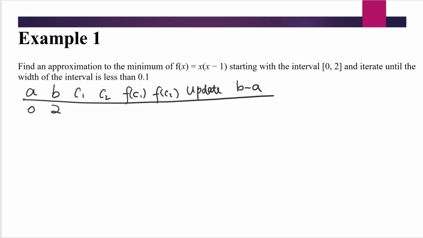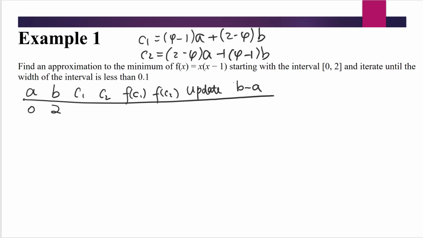Alright, so remember that the formula to calculate C1 is phi minus 1 times A plus 2 minus phi times B. And C2 is equal to 2 minus phi times A plus phi minus 1 times B. So we use these two formulas to find C1 and C2.